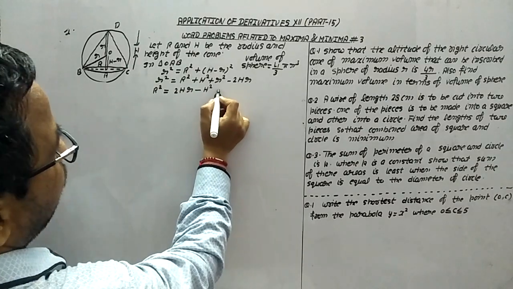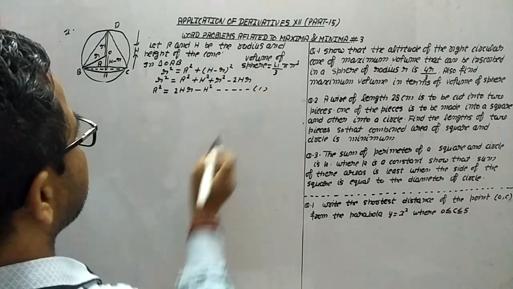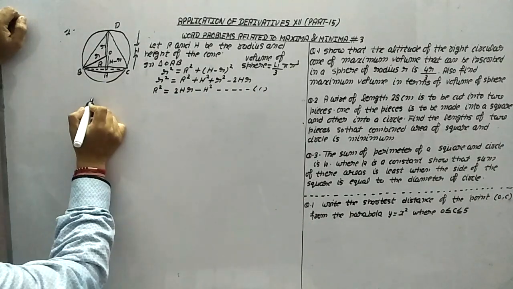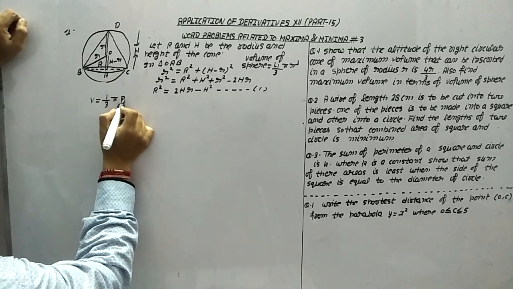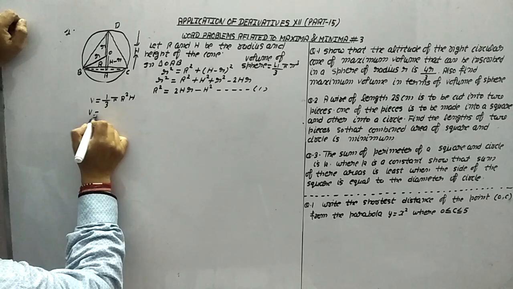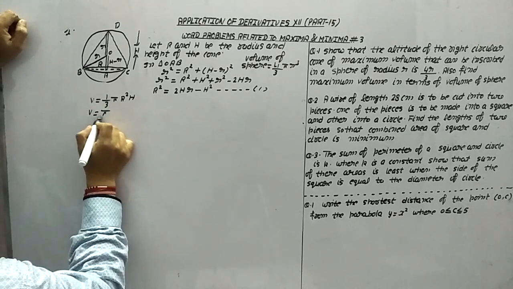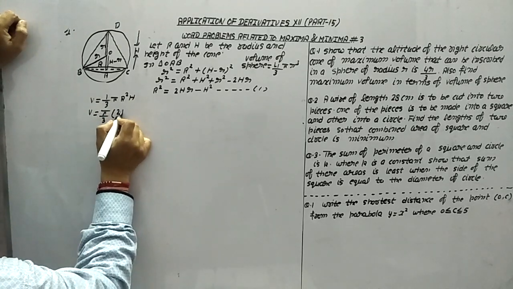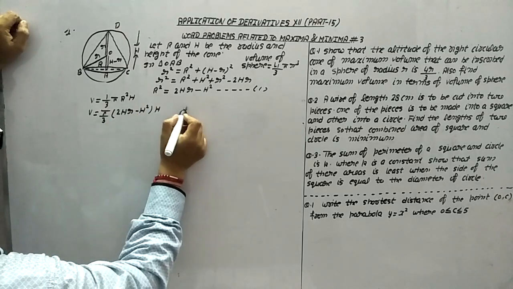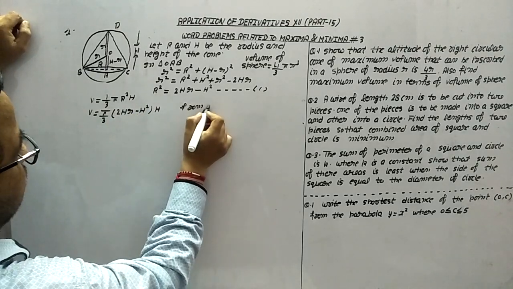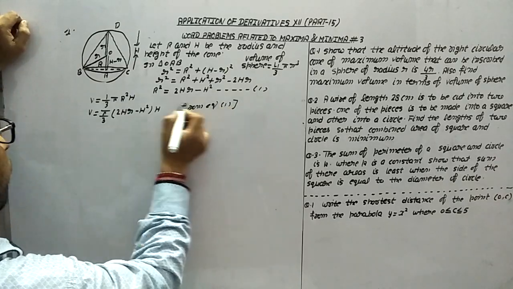So this is the value of R square and this is equation number 1. Now volume of cone is 1 upon 3 pi R square into H. V is equal to pi by 3 R square into H, substituting the value from equation 1, pi by 3 (2Hr minus H square) into H.